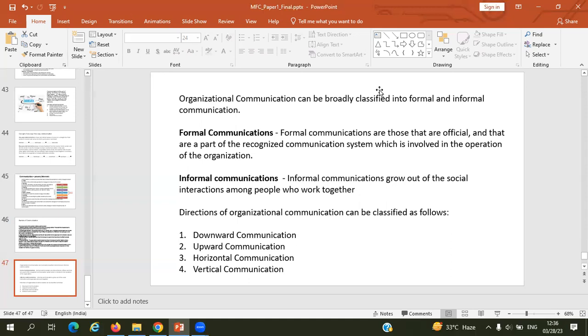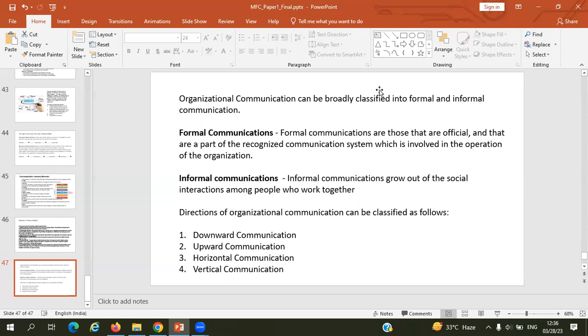And in an organization the communication flows in different directions. Suppose communication is flowing from top to bottom, from a top manager to the subordinate, that is downward communication.